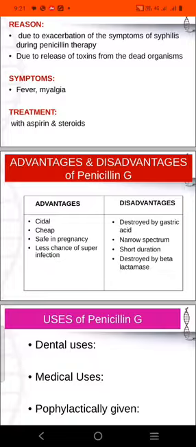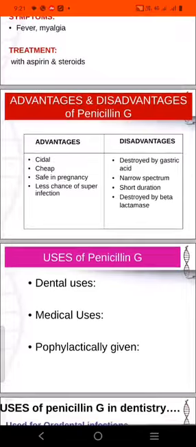But a disadvantage is that it is destroyed by gastric acid, so we can't give this drug by oral route. It has a narrow spectrum of activity, effective only for gram-positive bacteria, and a very short duration of action, 4 to 6 hours, and it is destroyed by beta-lactamase. So in order to avoid these problems, we prepare the semi-synthetic penicillins.